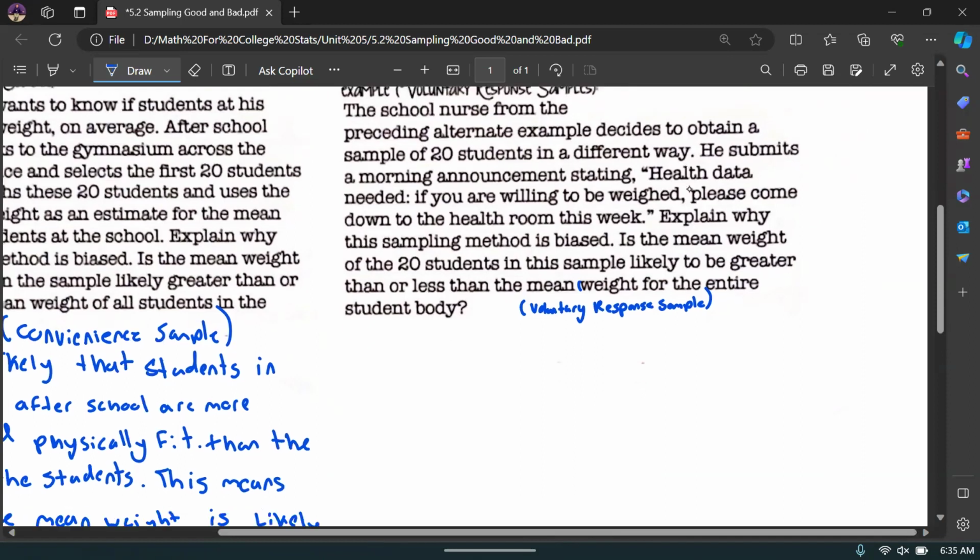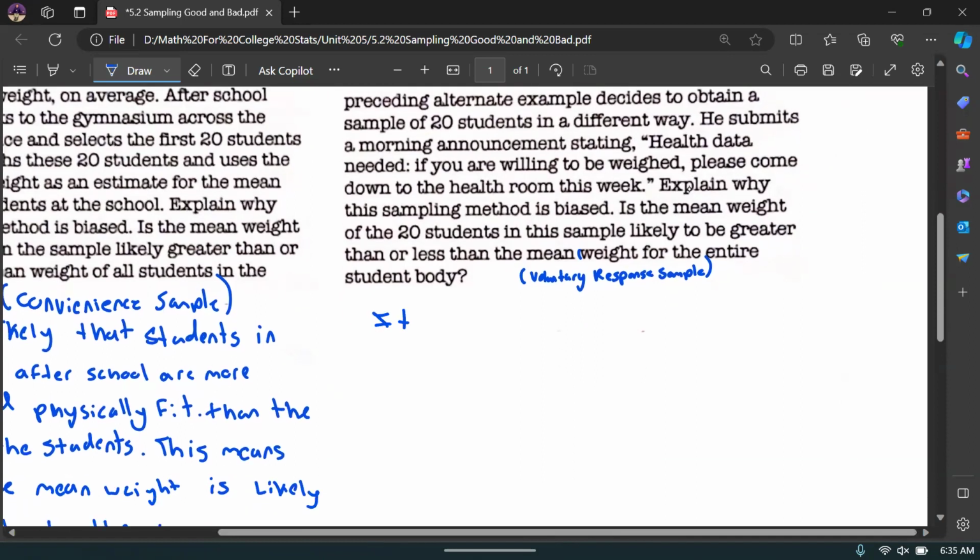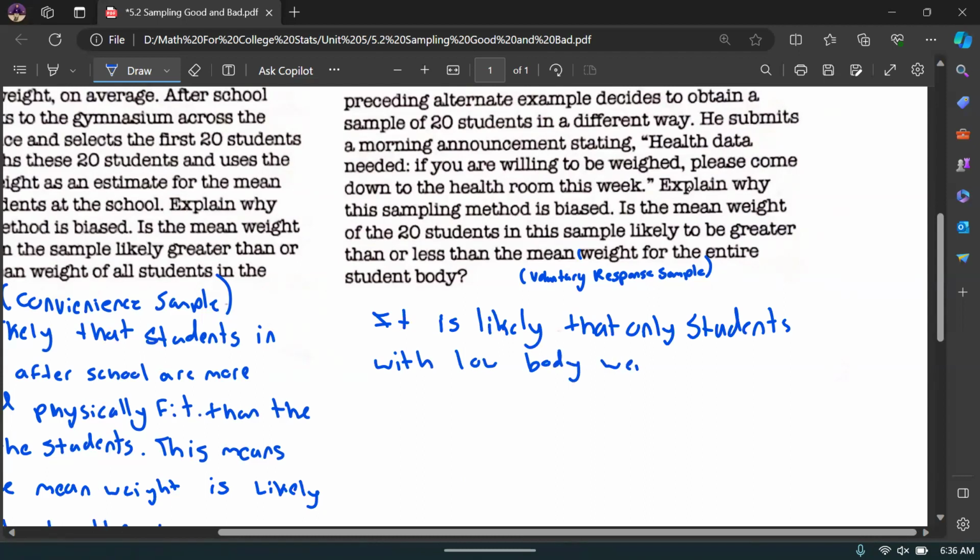In this case, it is likely that only students with low body weights will volunteer to be weighed.